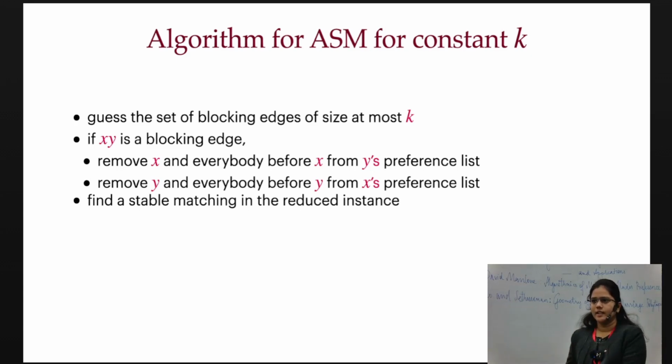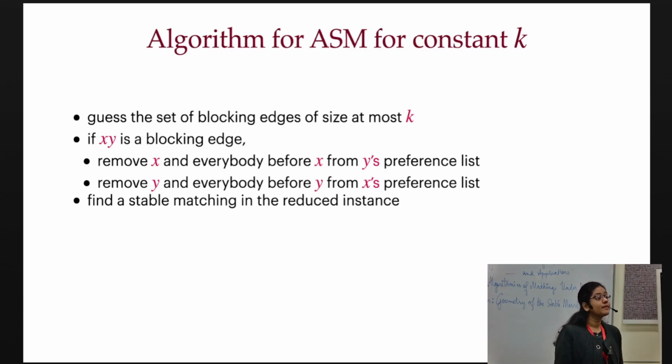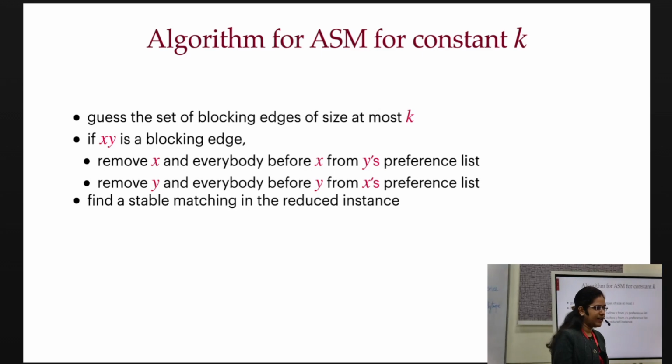The algorithm does not depend on whether k is constant or not. So, what will change? The value of k you anyway need to vary. It does not matter if it is constant or not, it is at most k.